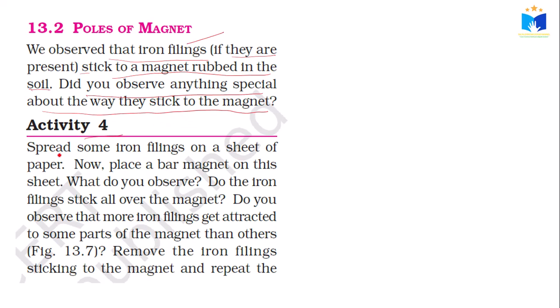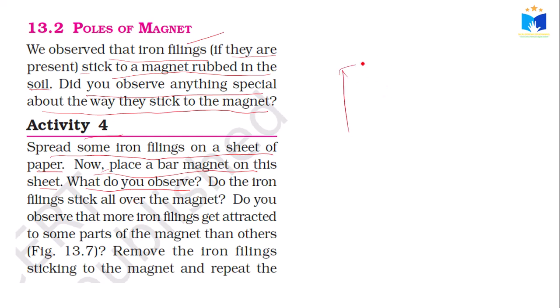Activity 4: spread some iron filings on a sheet of paper. So we have to spread some iron filings on a sheet of paper. Now place a bar magnet on this. So we have to place that bar magnet on that sheet. What do you observe? All the iron filings are going to be attracted to the bar magnet.